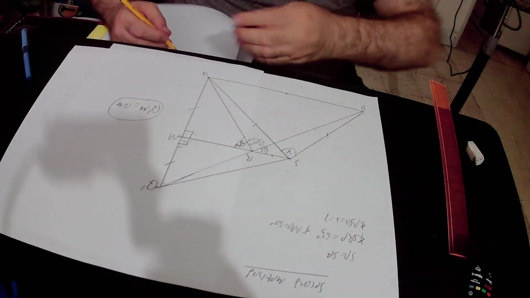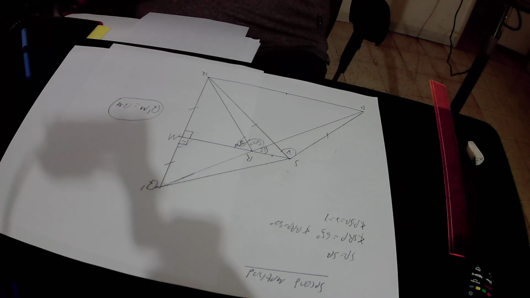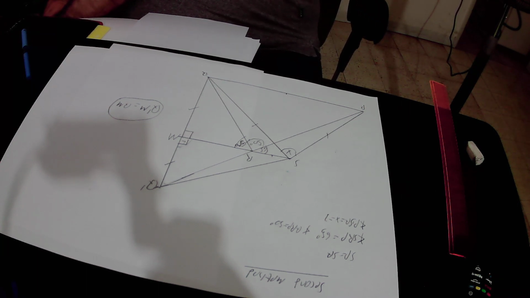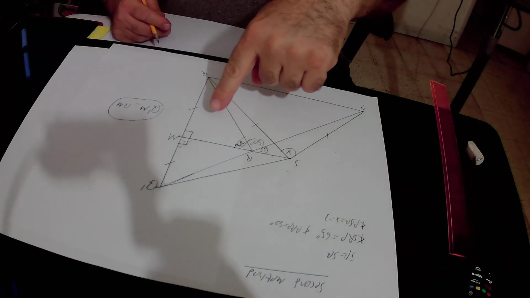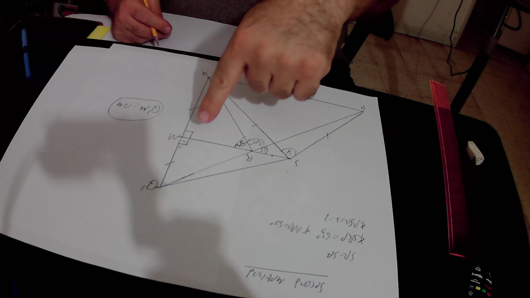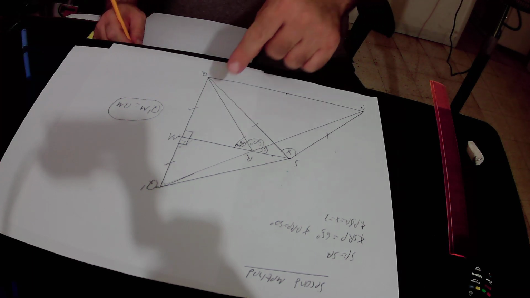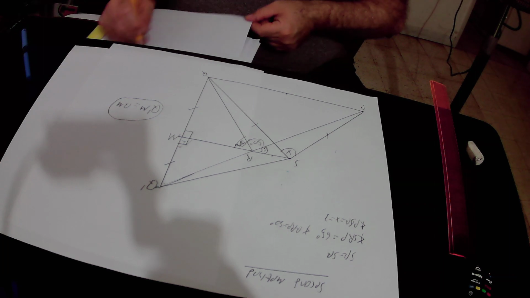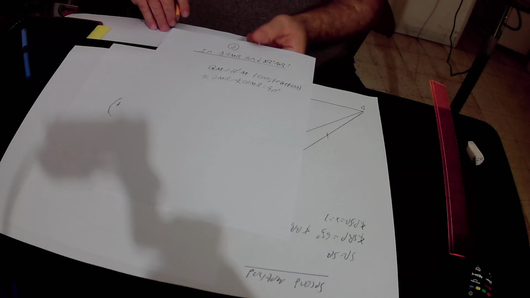So angle QMR equals angle Q dash MR, and both angles are equal to 90 degrees.